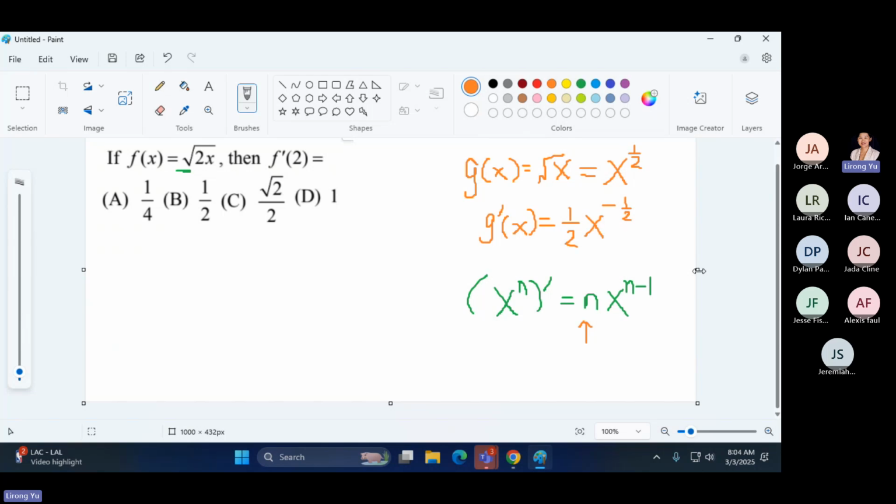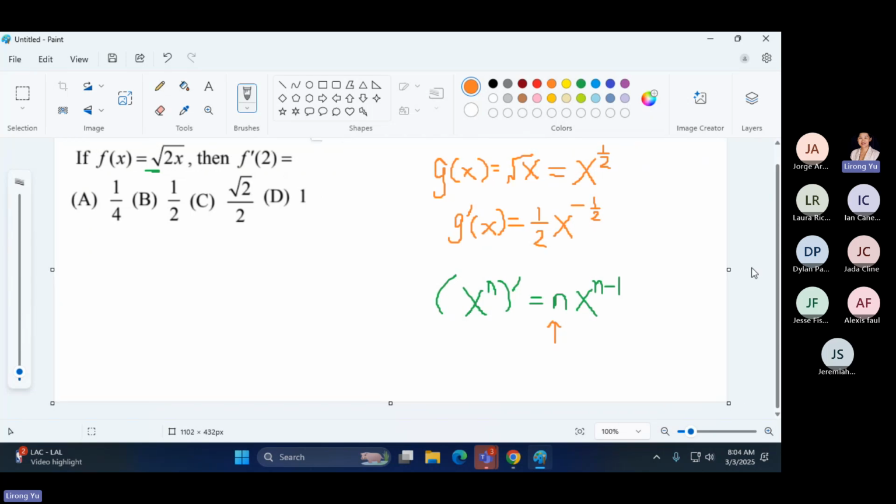So that's your derivative. But normally after we find the derivative, we would try to write it back to the original form. If the function is given in root form instead of power form, right now it's power form. So the derivative is in power form, but we want to write it into root form. If we write it into root form, this is 1/2.